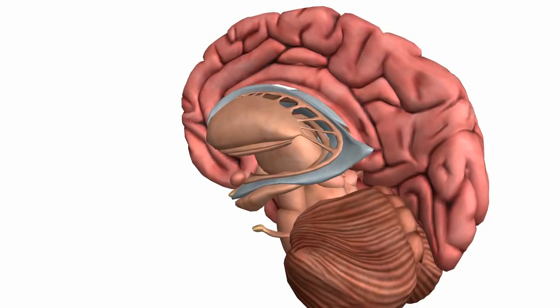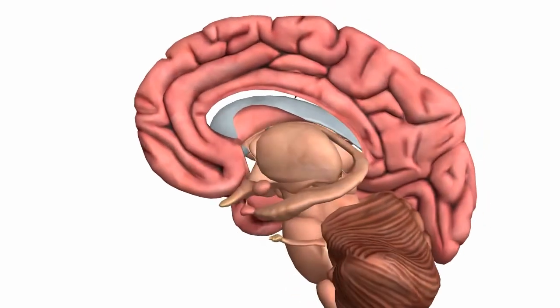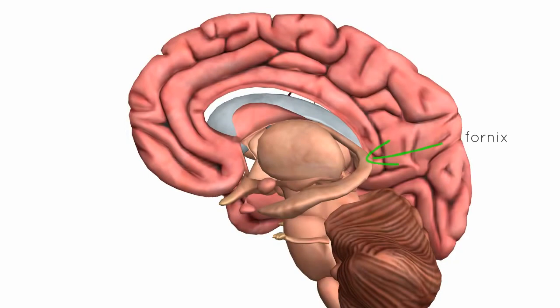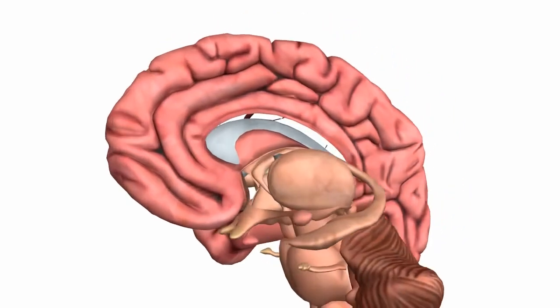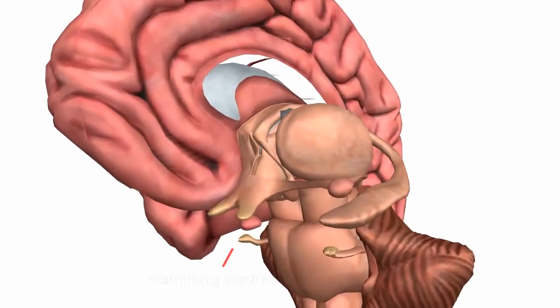If I just remove the basal ganglia and the lateral ventricle, the fornix runs up like this, you can see it here, and you've got the mammillary bodies down here.